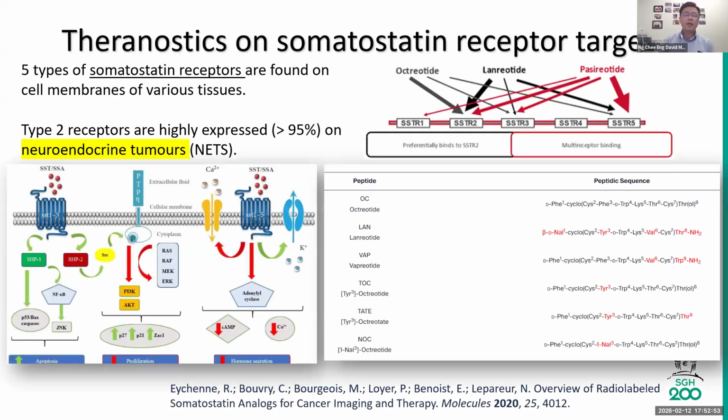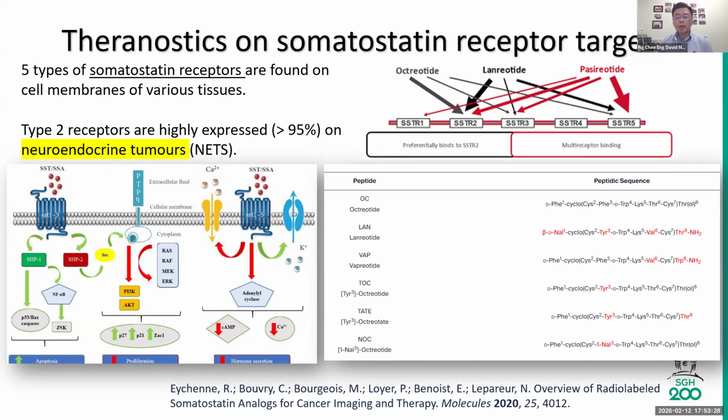So talking about the first theranostic, the target that we are looking at is the somatostatin receptor. These are actually molecules on the cell membranes of various tissues. But very interestingly, the type 2 receptors are highly expressed, more than 95%, on neuroendocrine tumors. And that makes it very suitable as a form of therapy targeted to these tumors.